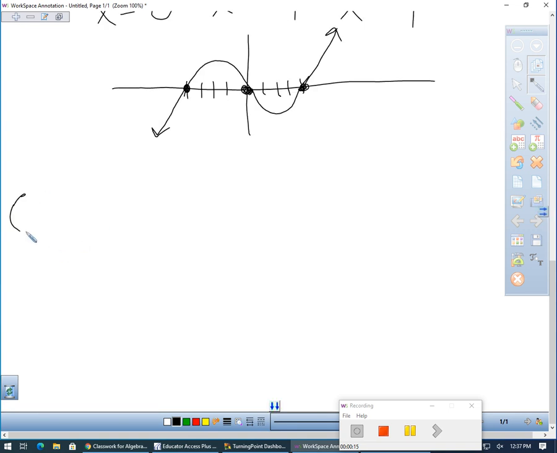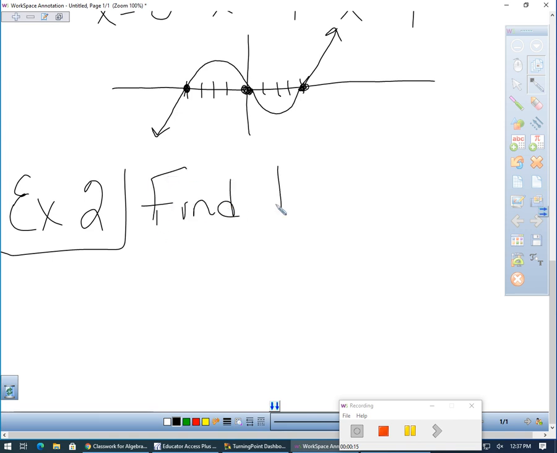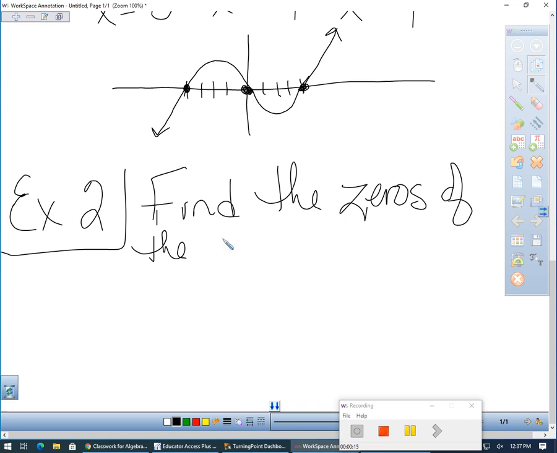So here's example number 2. Find the zeros of the function and sketch.